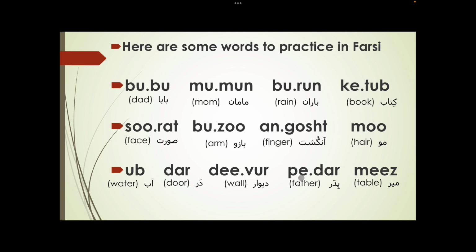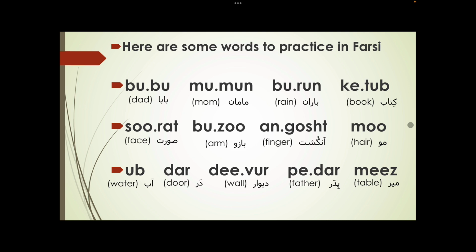So remember, always break down those words into syllables so that way you remember how to pronounce them properly. Pe, dar, pedar, which means father. And lastly, miz. So this is a one-syllable word. We're not pausing anywhere. Miz, which means table.